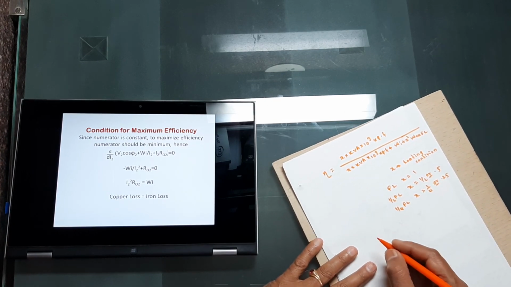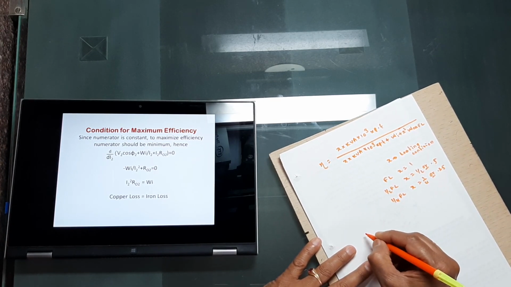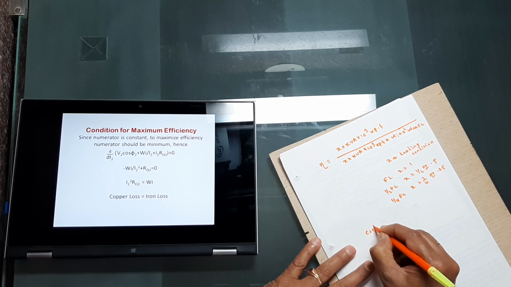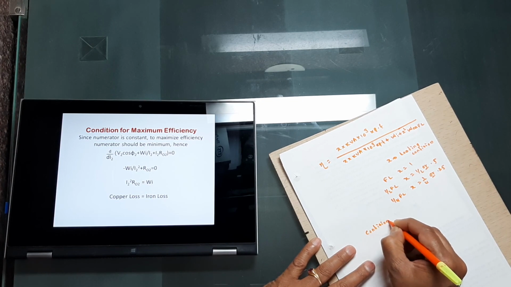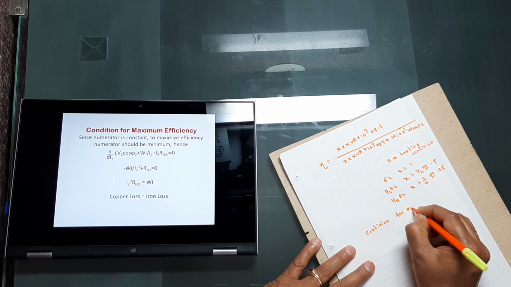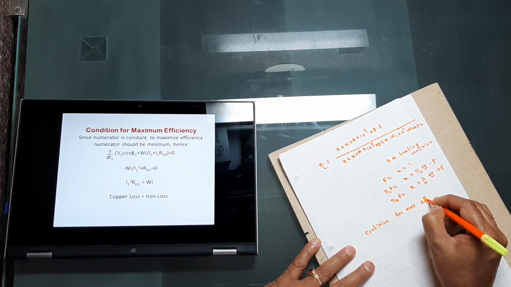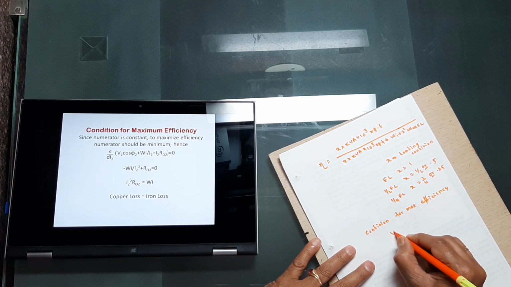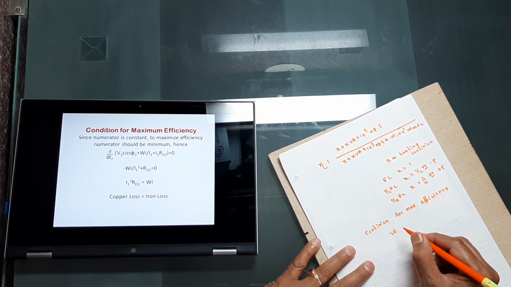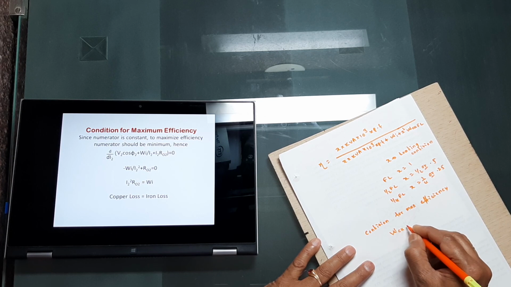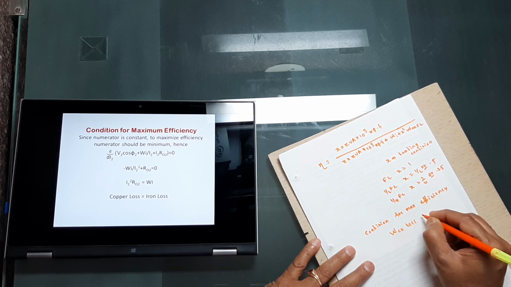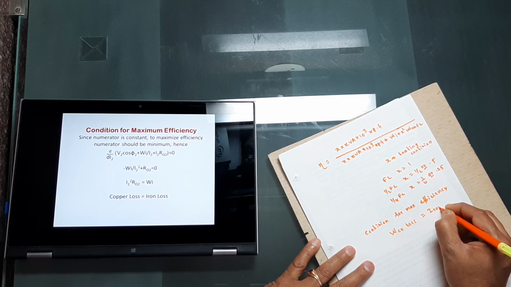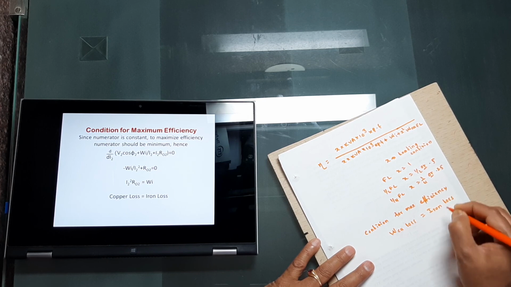Then one more equation we have derived, the condition for maximum efficiency: the efficiency will be maximum when the copper loss is equal to the iron loss. This is another equation that we are using.